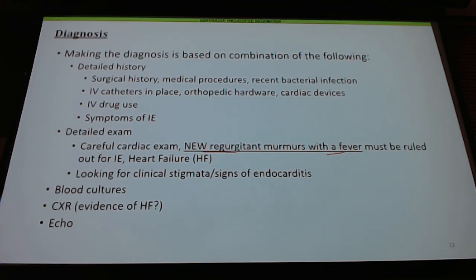Then you are going to need your ancillary studies, so let's do our blood cultures to see if we do in fact have a bacteremia, what is causing it, what is it sensitive to, so I know how to treat it. Chest x-ray, okay, there's some benefit to doing that. And then an echocardiogram, of course, is going to be important to actually visualize what's going on in the heart.